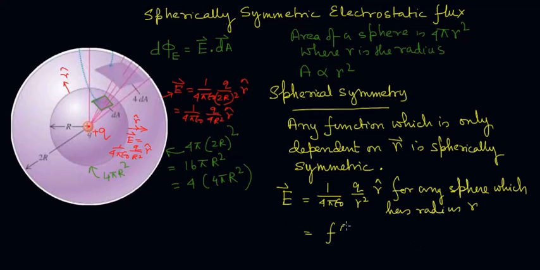So this is a function of r times r cap. There is nothing else in it. If any function looks like this, it is a spherically symmetric field. So this is a spherically symmetric field.